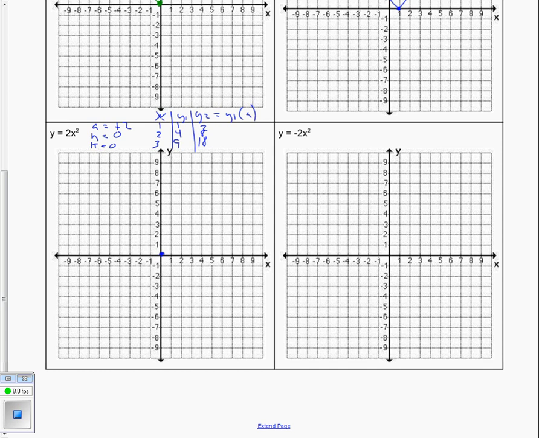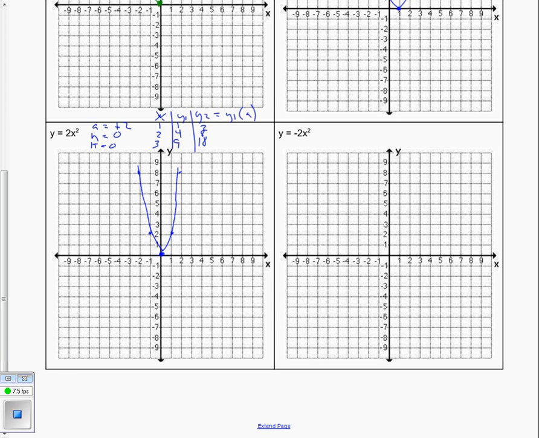So now instead of going over 1, up 1, over 2, up 4, over 3, up 9, we're going to be going over 1, up 2, over 2, up 8, over 3, up 18. Okay, so if we go over 1, up 2, again, that applies to both the right and the left-hand side. Over 2, up 8. Okay, and so you can see how this parabola is significantly skinnier, and I can't even do the over 3 because there's not enough height on my graph.